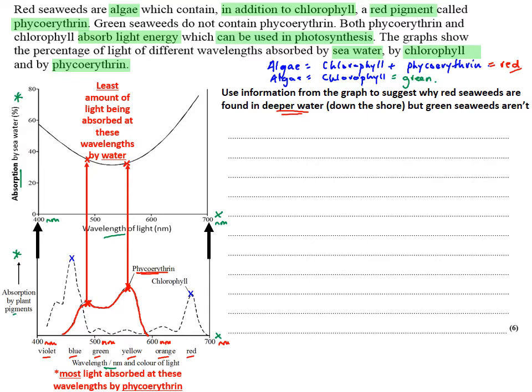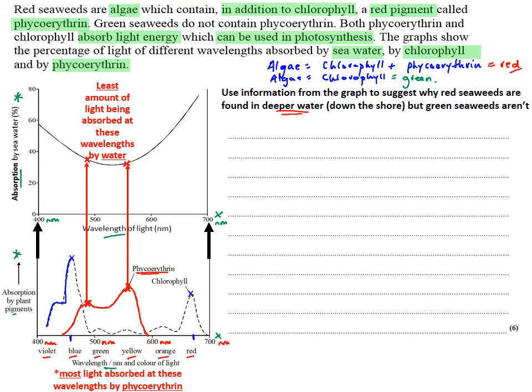Now when we look at chlorophyll, this dotted line on the bottom absorption spectrum, we can actually see that the highest amount of light energy is being absorbed in the blue part of the visible spectrum and the red part of the visible spectrum for chlorophyll.